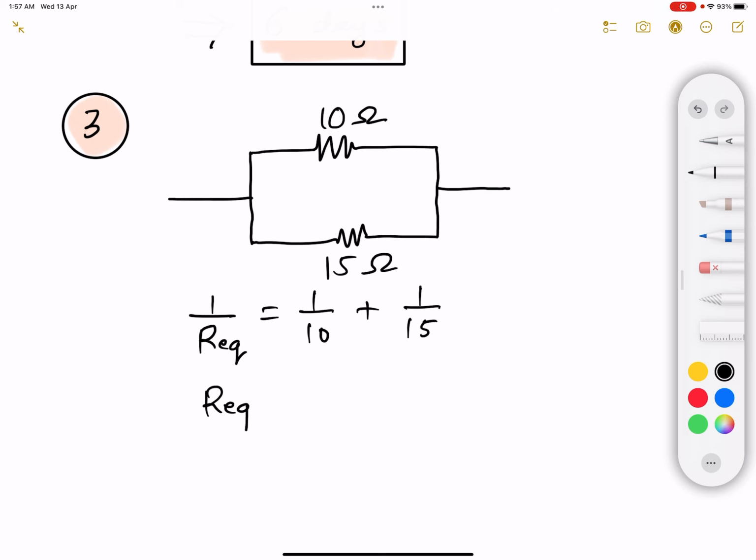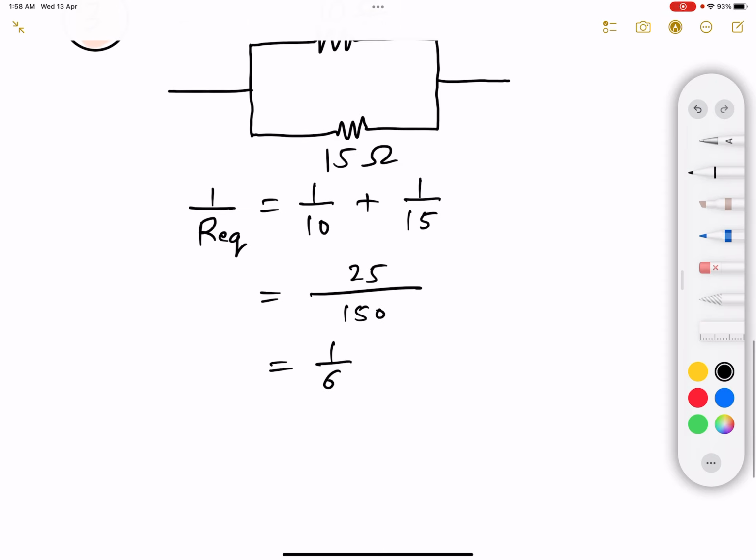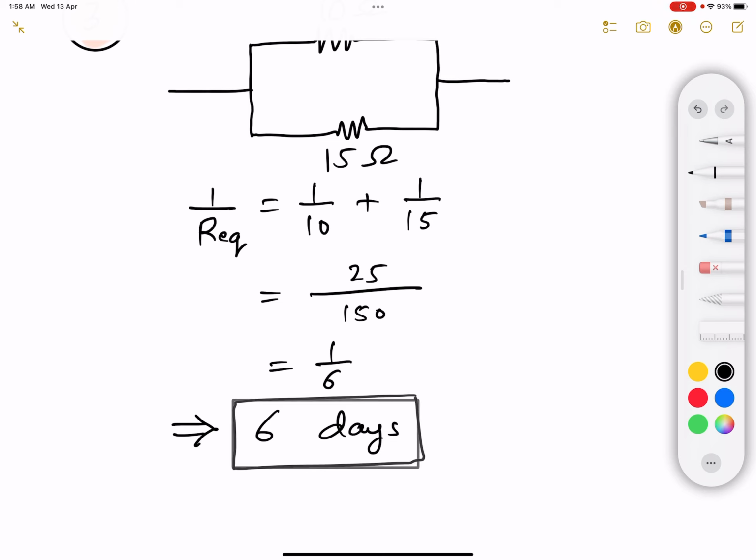R equivalent is going to be 150 over 10 plus 15, that's 25, which is 6. So the answer is 6 days again. That's a third way to answer this question.